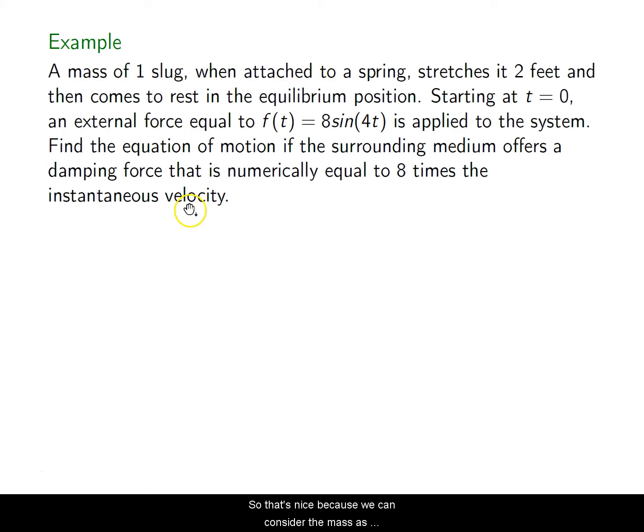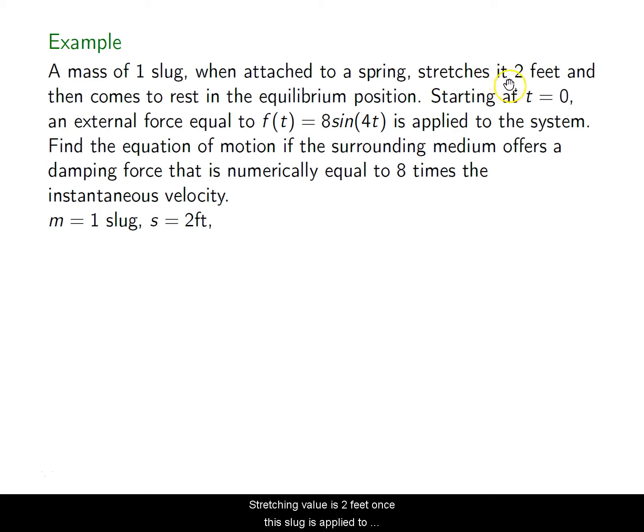That's nice because we can consider the mass as 1. It is a mass, not a weight. So the mass is 1. The gravitational constant is 32. And everything else is in feet as well, so we're already in the units that we need to work in. So let's go ahead and write the things that we have, which is mass is 1 slug.